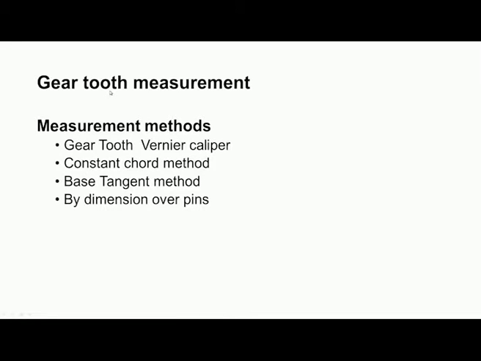One very commonly measured parameter in the case of gears is gear tooth thickness, and it can be measured by various methods: by using a gear tooth vernier caliper, by the constant chord method, by the base tangent method, and by measuring the dimensions over pins. These are some of the methods available for measurement of gear teeth.